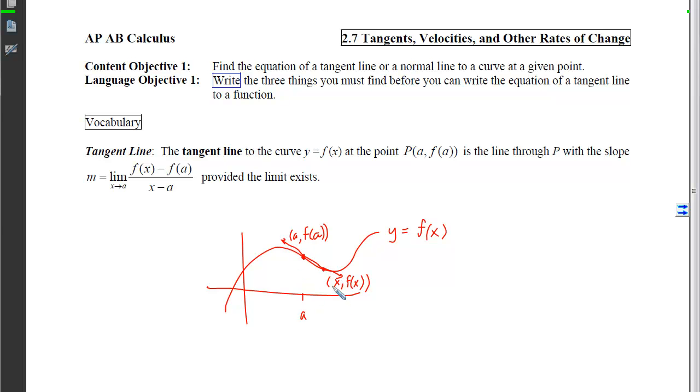If I want the slope of the secant line, I would do y minus y over x minus x. So without the limit, this difference quotient represents the slope of the secant line.